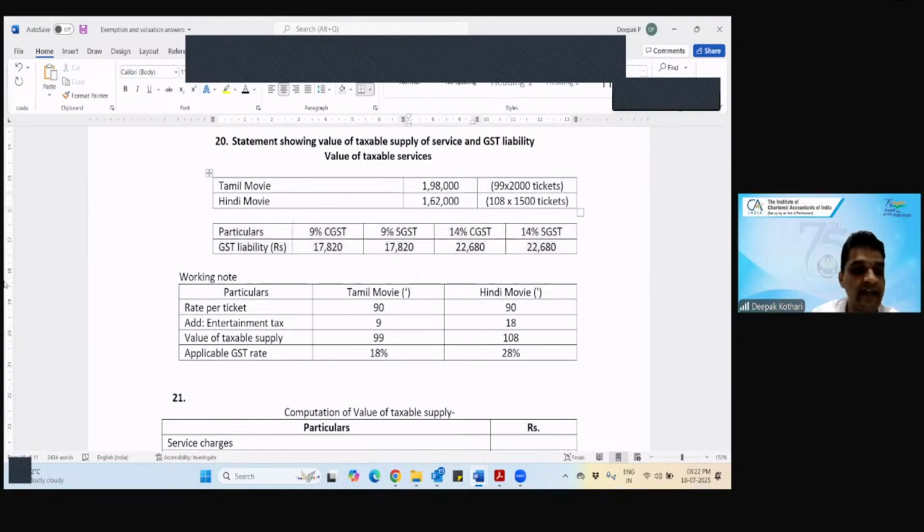On 1,98,000, 9% makes it 17,820 each. Here there's no IGST question, right? Because the place of supply will be where the event is conducted. It is conducted in the state. So it will always be CGST and SGST, and on 1,62,000 it is 14% each. So this is the total GST liability.